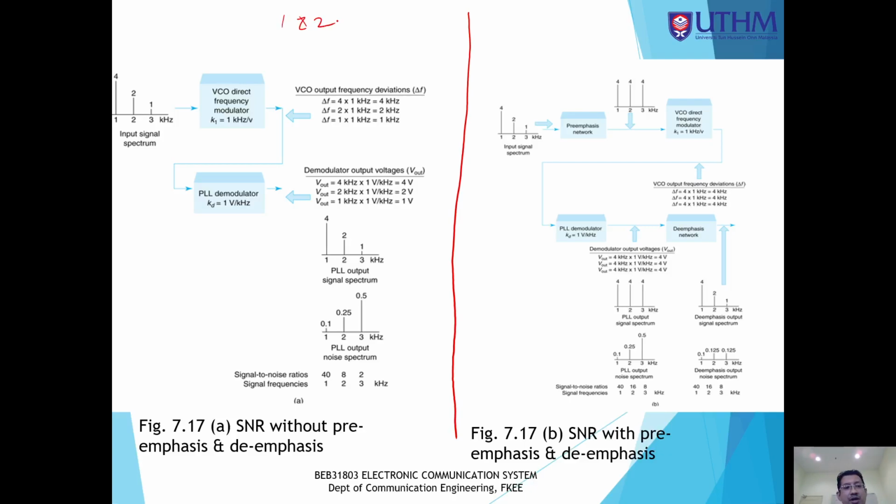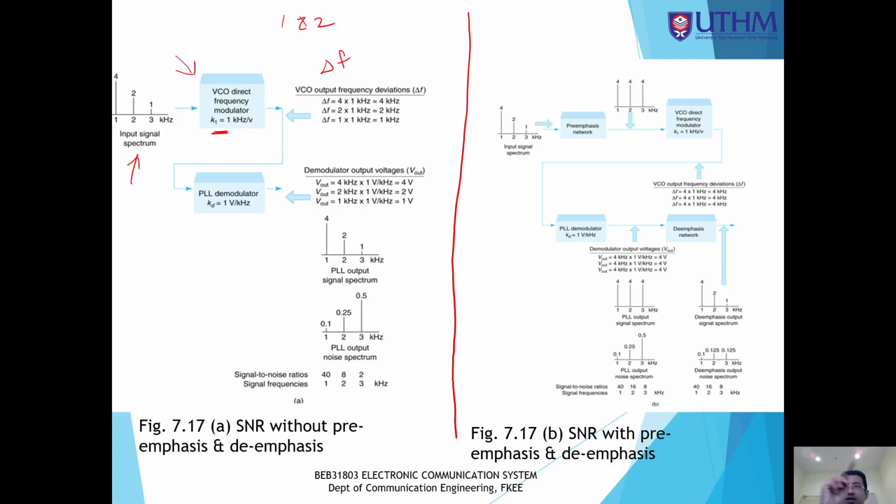You are given 3 input signals at 1, 2, and 3 kilohertz with 4, 2, and 1 volt of amplitude. This input is put inside the VCO at the transmitter, and at the output of the VCO we can find the delta F, the frequency deviation.